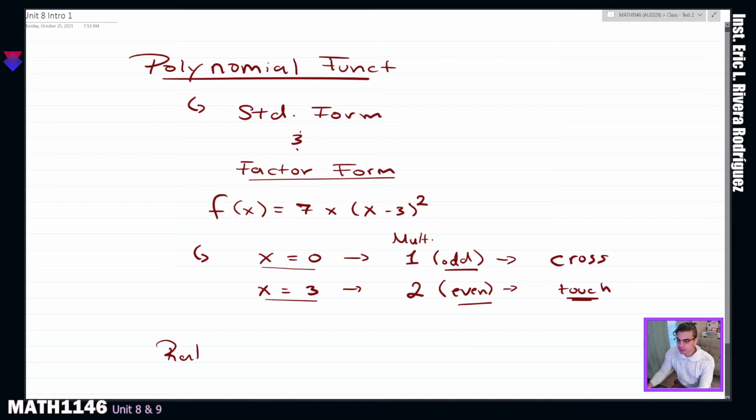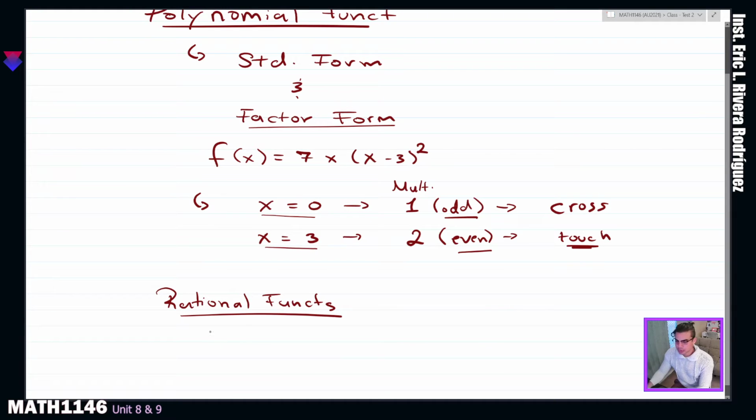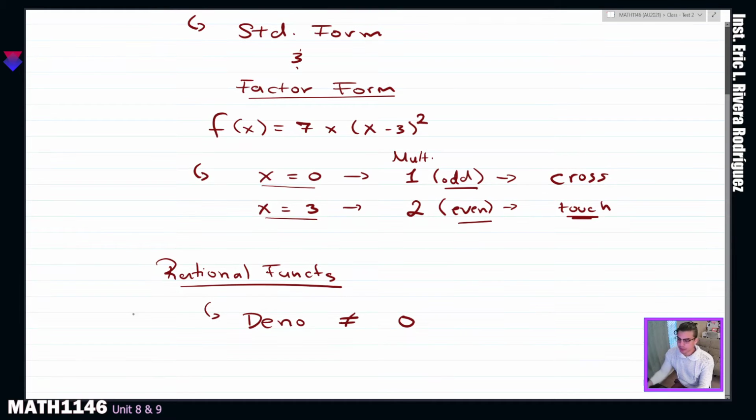For the rational functions, we want to remember that there is a restriction on the domain, and the restriction is that the denominator cannot be equal to 0. Okay, and you will remember that from this restriction we got either vertical asymptotes or a hole in the graph.